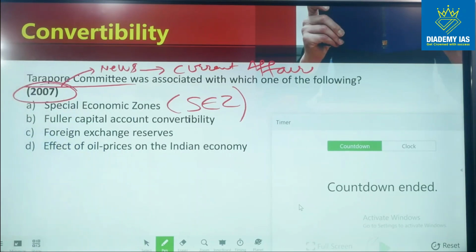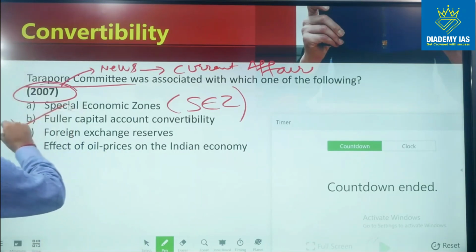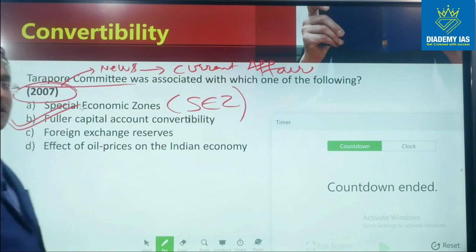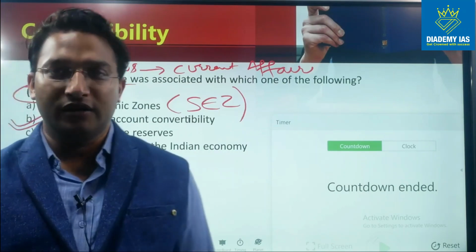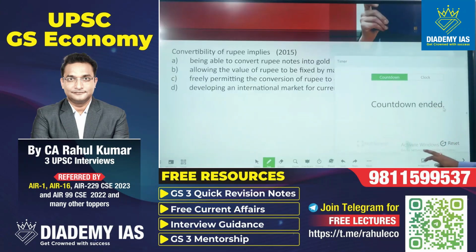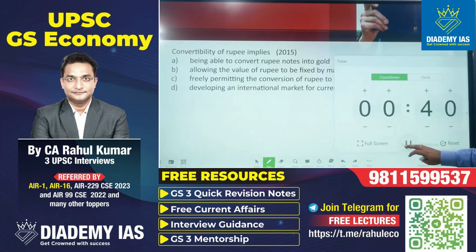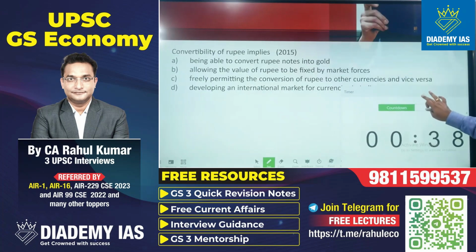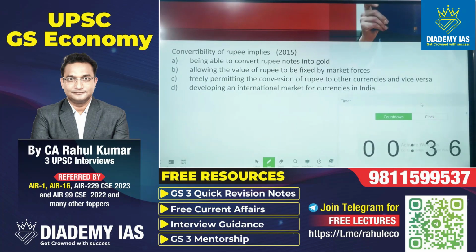Even though the question is very, very easy, you should still be careful while marking the answer. So in this case, the answer is option B. You get 40 seconds for the next one. Take your time and then we will discuss.